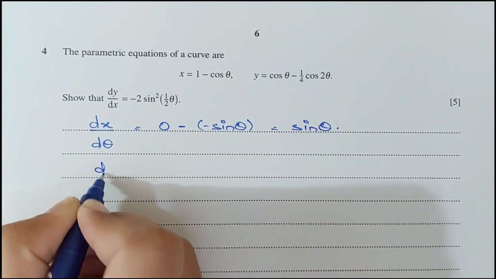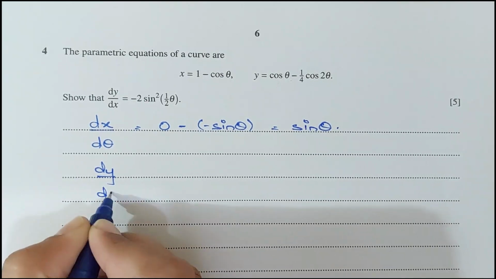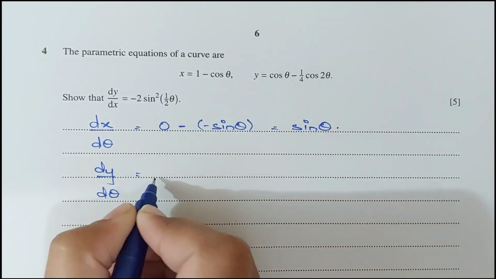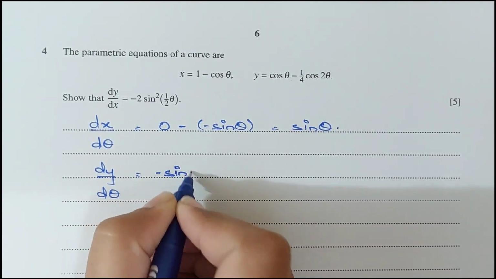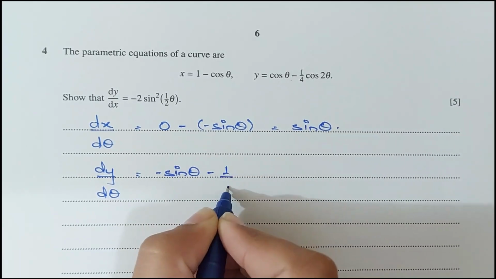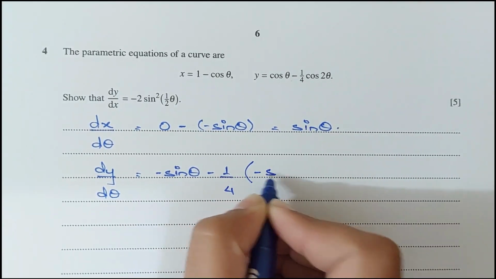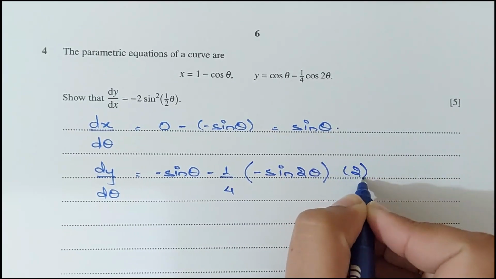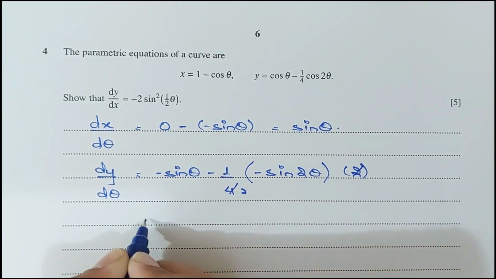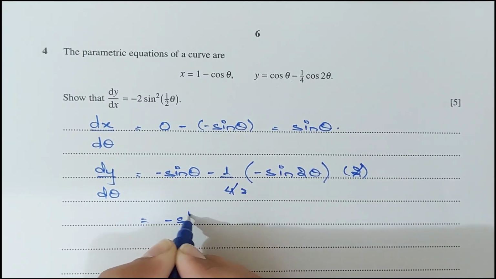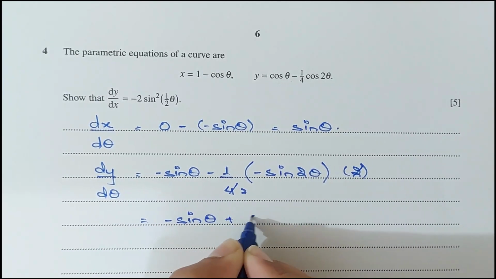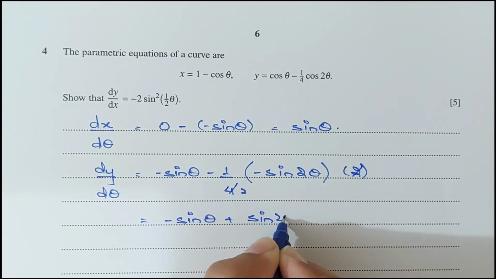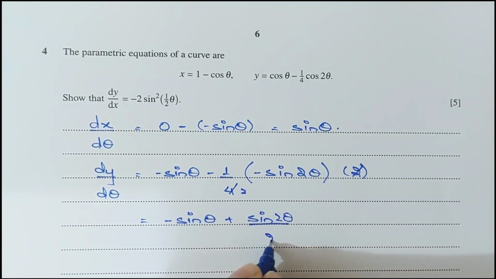Now let's differentiate y with respect to theta. The derivative of cos is minus sine theta, minus 1 by 4 times the derivative of cos 2 theta, which is minus sine 2 theta into 2. So 2 times 2 is 4, and the simplified form is minus sine theta plus sine 2 theta divided by 2.